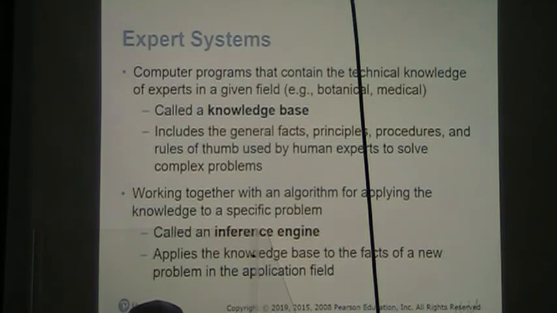Right? And it's going to keep going down and branching on those decisions until it finds something that is a reasonable approximation of my problem. So they're calling it an inference engine, and we are applying that knowledge base to the facts of our new problem in this application.